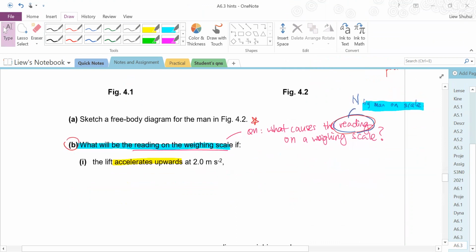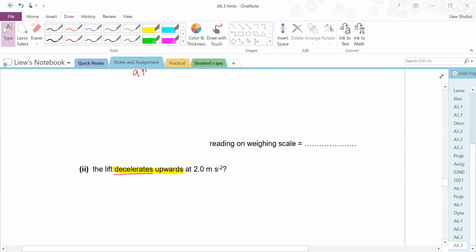So for B part 1, take note that the lift accelerates in the upward direction. In part 2, if the lift decelerates upwards, then the acceleration is in the downward direction. So velocity is upwards, and then it decelerates, which means acceleration is downwards.